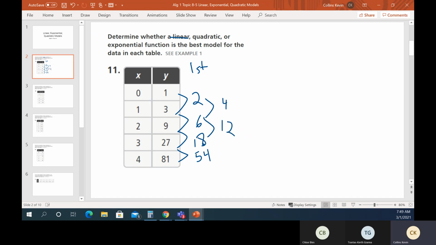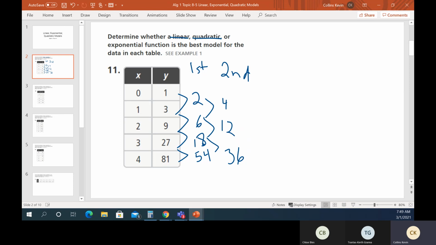From 18 to 54, that's 36. All right, so these are the second differences, and notice these are not the same either. So this is not a quadratic. By process of elimination, we've got an exponential here.